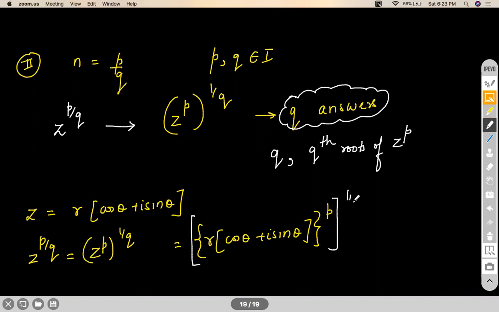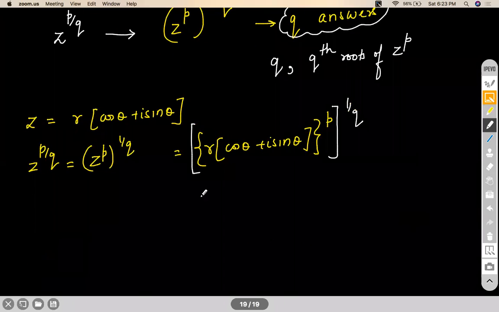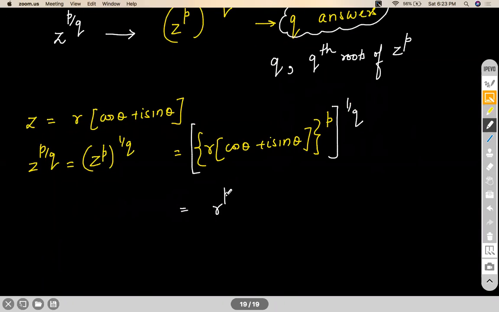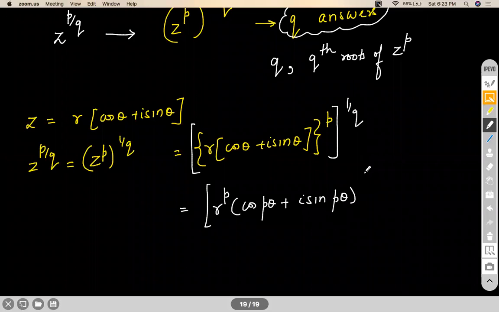Then at least in the inside part, I can apply the first part of De Moivre's theorem, which I discussed with you. So I can write it as r to the power p (cos p theta + i sin p theta), and let's write down to the power of 1 by q.